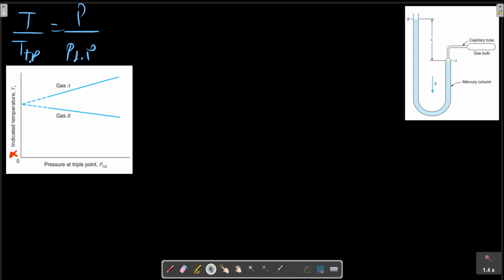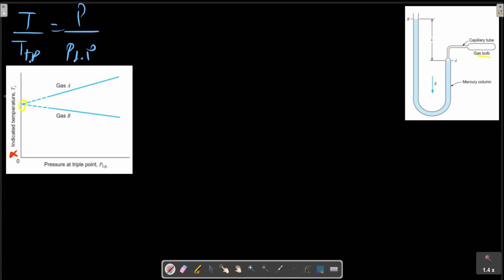The bulb at the triple point of the water, as shown in the picture. The bulb is here. A curve like the one shown in this picture is obtained. When this curve is extrapolated to zero pressure, the correct ideal gas temperature is obtained.